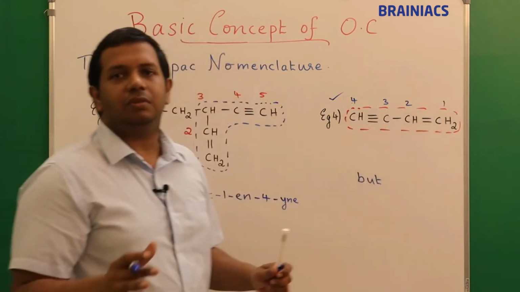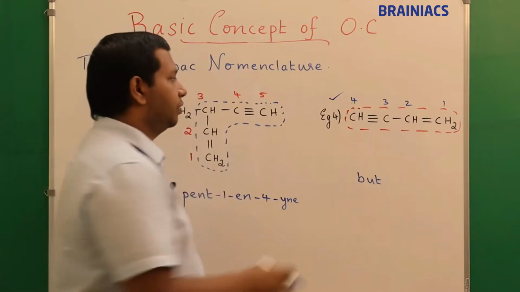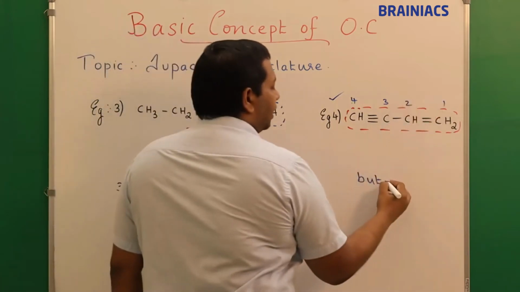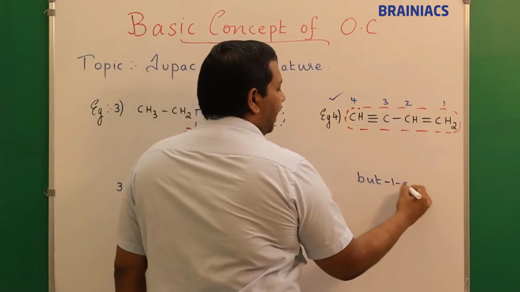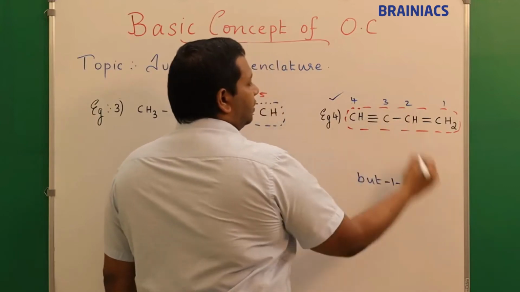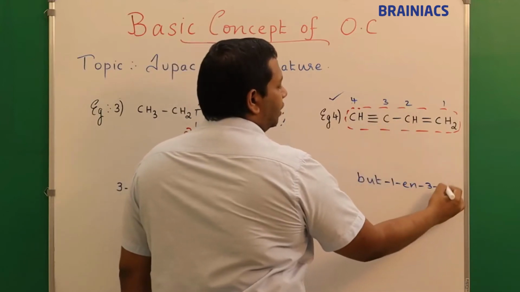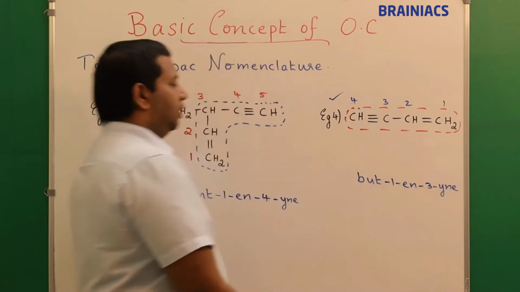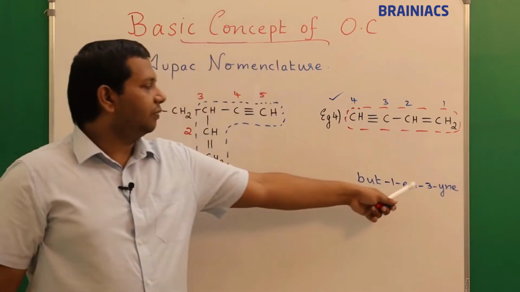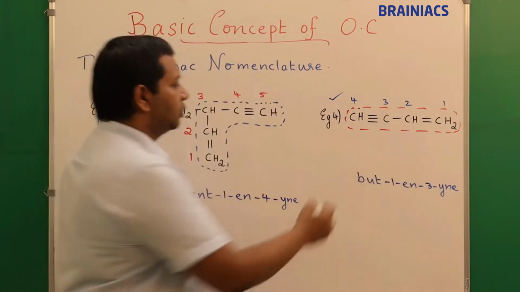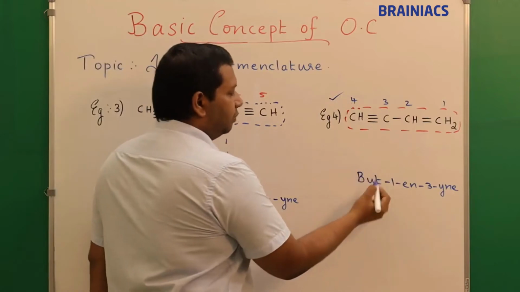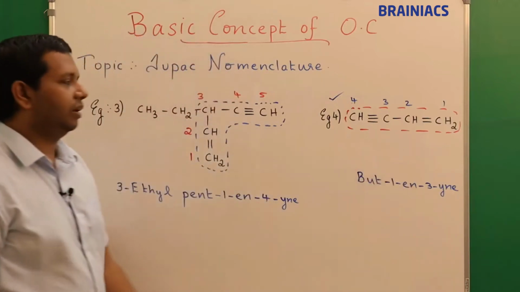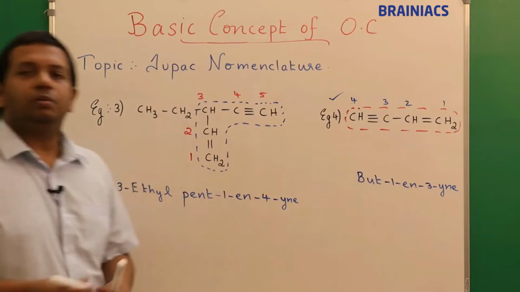Again the same thing, alphabetically ene should come first. So but-1-en-3-yne. Understood? So but-1-en-3-yne. Remember the B should be a capital letter. This is the way you need to name it.